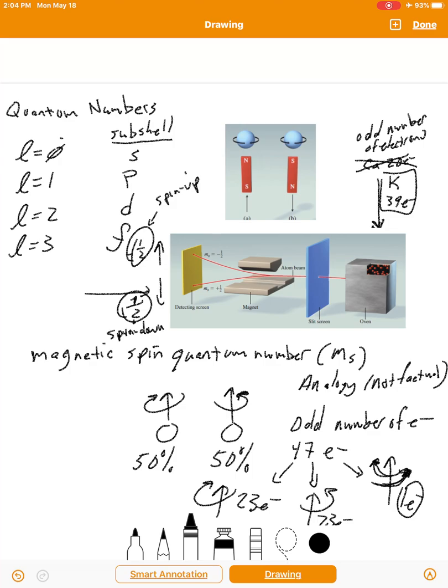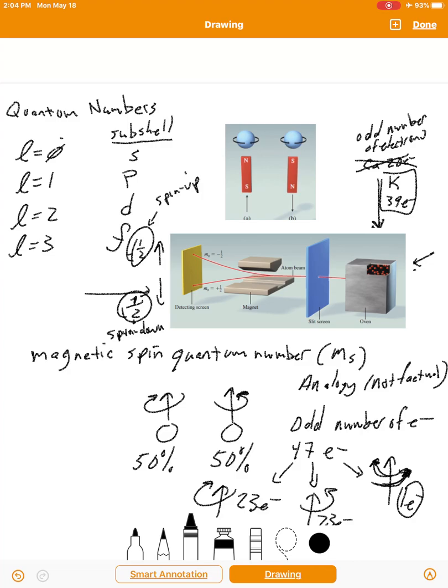Okay? Now, the reason it's random is because this magnetic spin in the absence of a field is pretty random. So that big group of atoms that's over here in the heater, in the oven, the 47th electron in those atoms, half of them are going one way, the other half are going the other way. So half the atoms go up and the other half of the atoms go down.